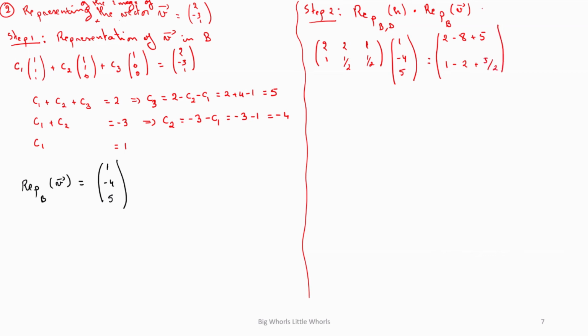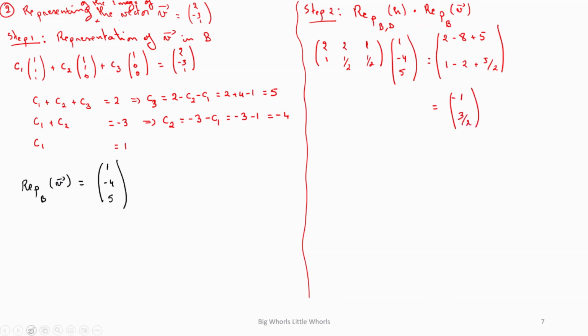Okay, so the answer is going to be, so here we have 7, we have minus 1, and here we have minus 1 times 2 is minus 2 plus 5. So it's going to be 3 over 2.